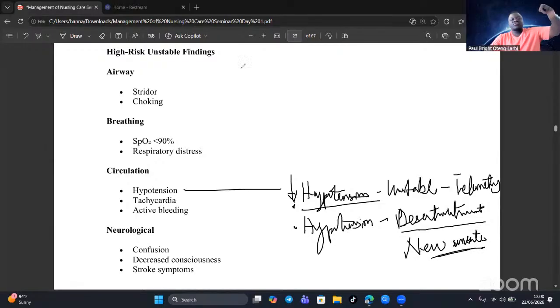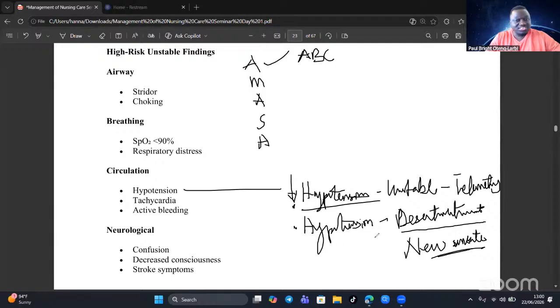So if you use the AMASA, these two guys are having what? ABC problem because of the hypotension, circulation. Michael, do you understand? These two guys, let's look at the acute over chronic.